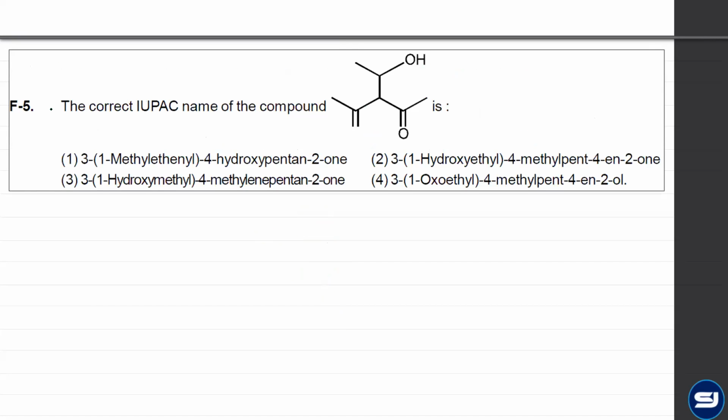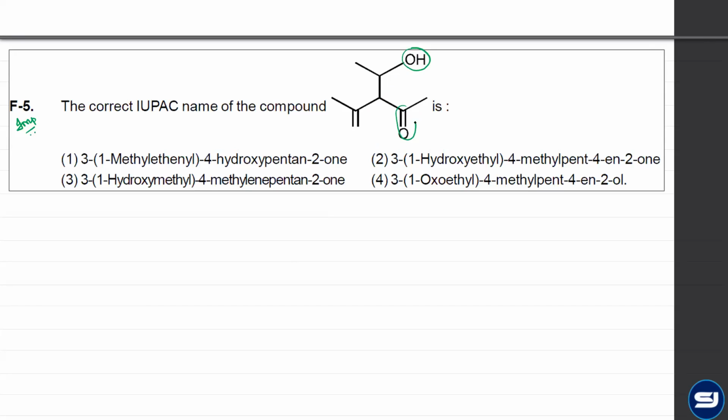This is a good question. The correct IUPAC name of the compound. 5-step procedure. First, बोलो। फर्स्ट स्टेप क्या है? रिपीट। Functional group. कितने हैं? 3. Name as I circle.